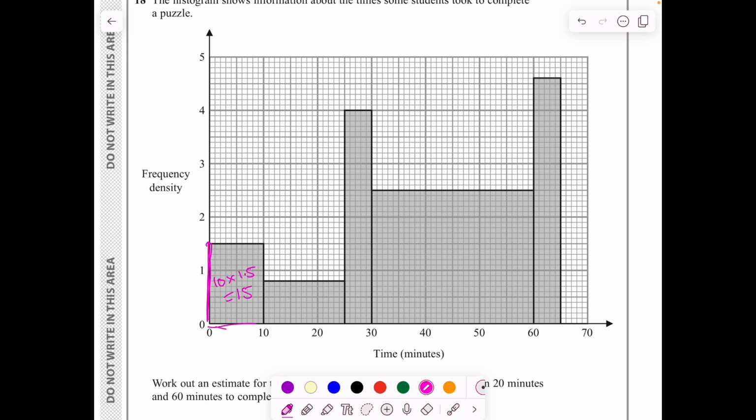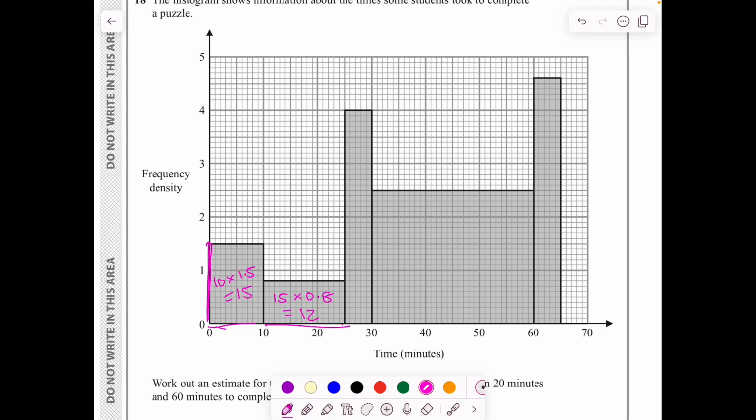Then here, 10 to 25, that's 15 wide, so 15 times 0.8, which gives us 12 people, or 12 students here.